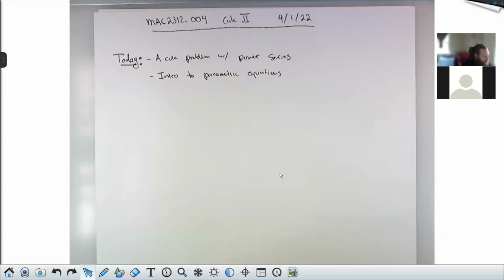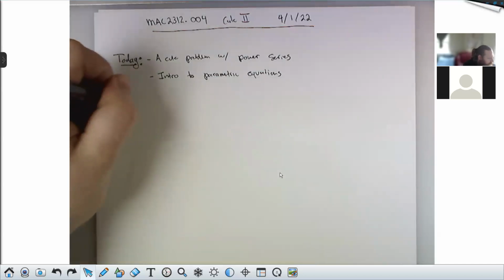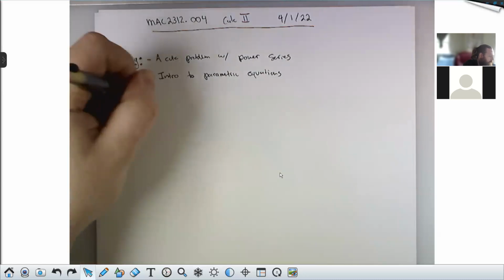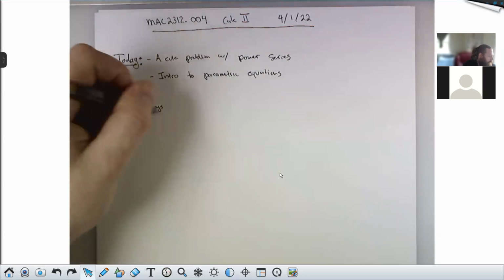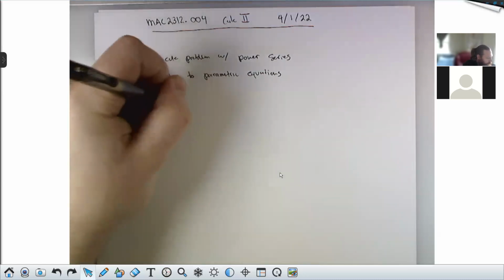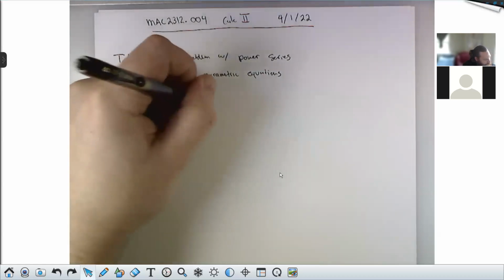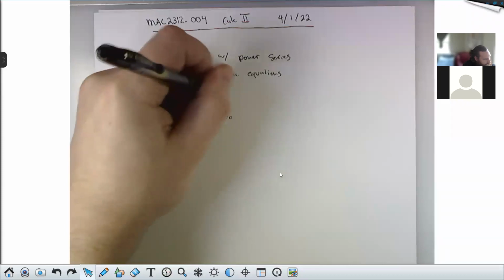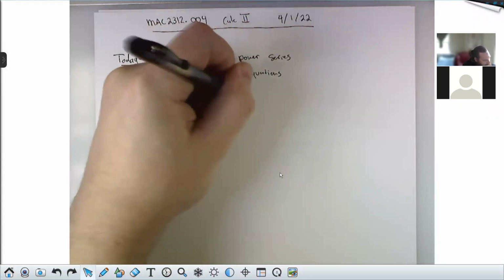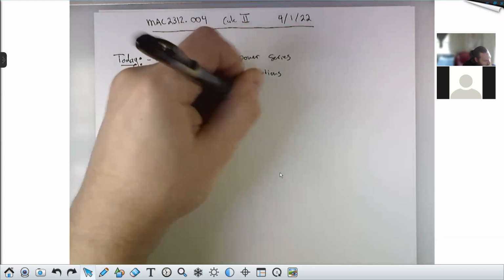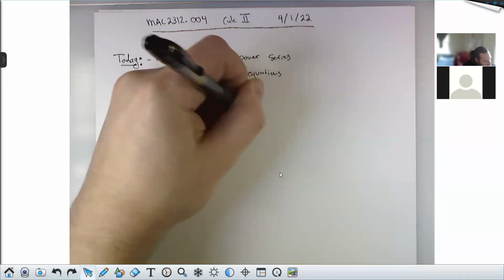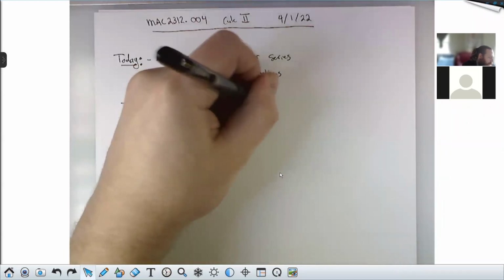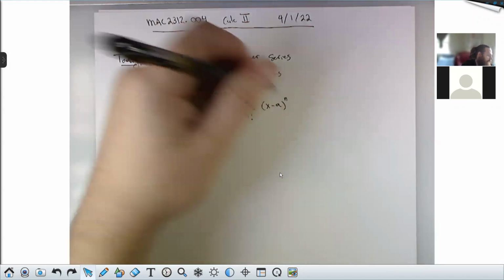It was due to Taylor that we learned f of x can be written as the sum from n equals 0 to infinity of the nth derivative of f evaluated at the center divided by n factorial times (x minus a) to the n.